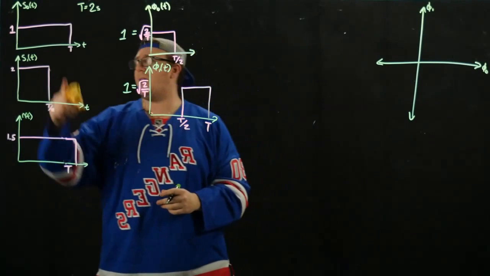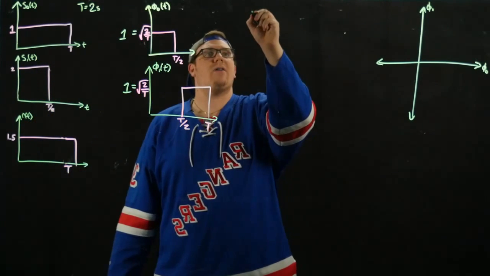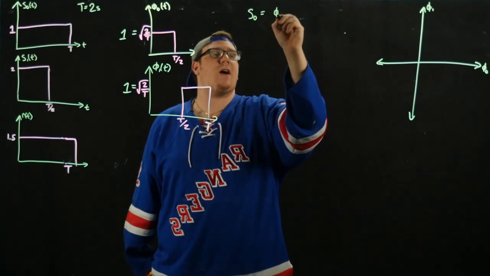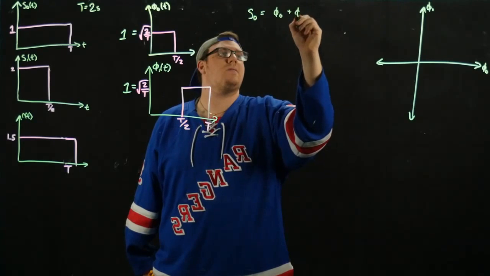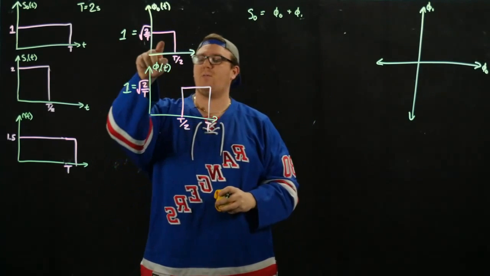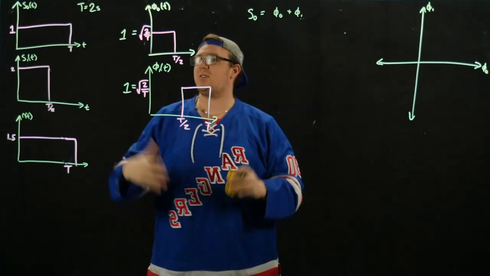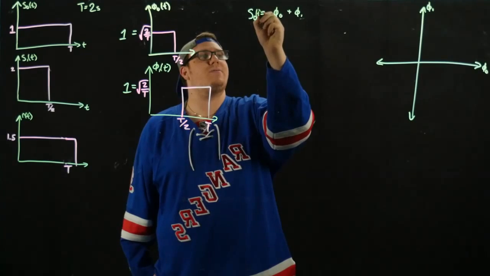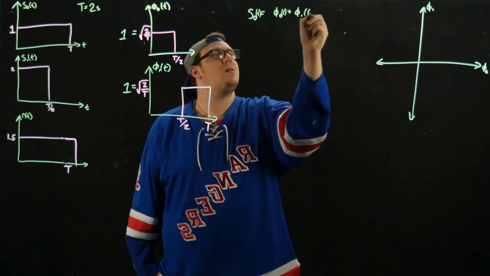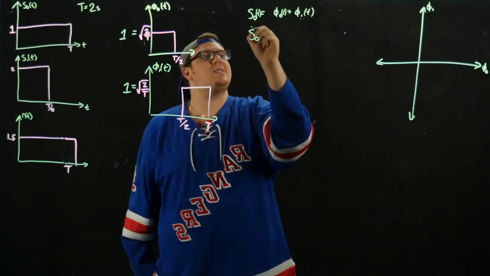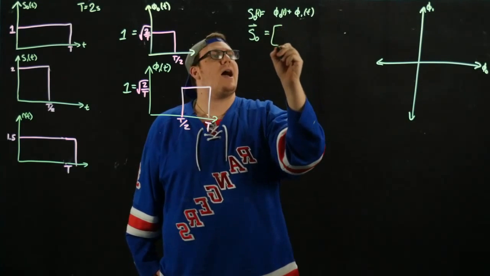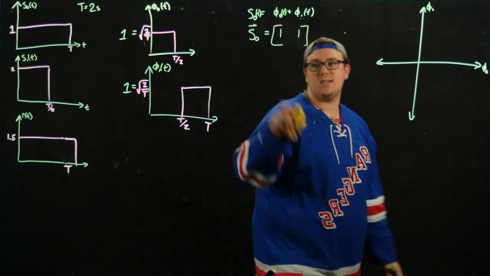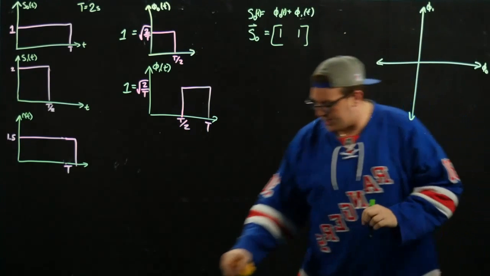So if we had to build S0 out of these signals, we would say that S0 is equal to, well, it should just be phi 0 plus phi 1. Right? Because we have a 1 and a 1, and for the whole time, so if we just add them together, we should end up with this. So that's S0 of t, so these would all have t's on them. And so we will then express the S0 vector as being 1, 1. So there's 1 multiplied by this and 1 multiplied by this. So we get our S0 vector is 1, 1.